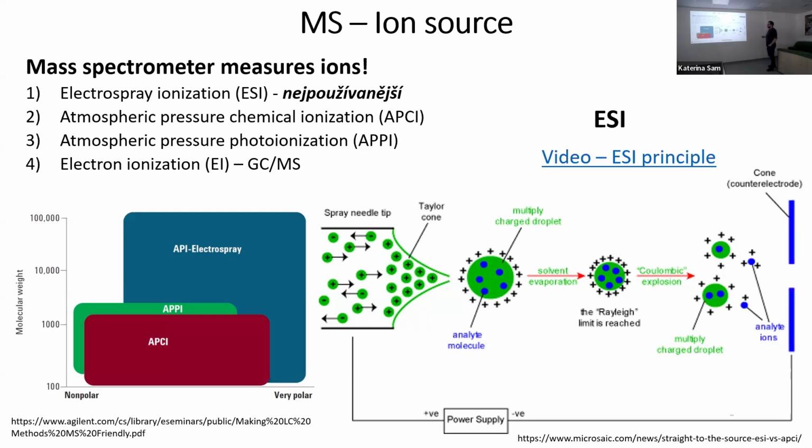This is the end of the liquid chromatography, and here we have the molecules without the charge. But on the end of the needle we have the current, and we add the charge on the droplets. They are not ions because they are only droplets, and each droplet contains a lot of molecules.